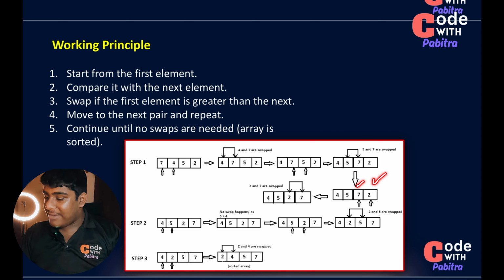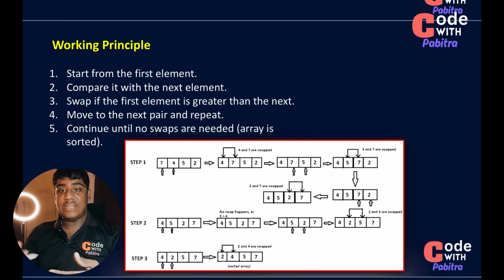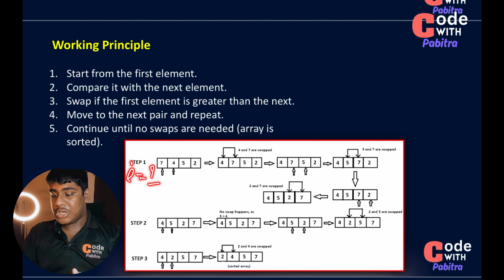Next step, 7 and 2. 7 is greater than 2, so 2 will swap to index 2 and 7 will go to index 3. This is iteration 1 and this is iteration 2.